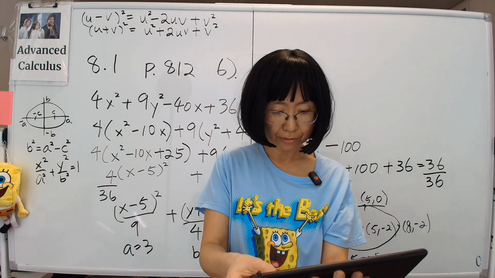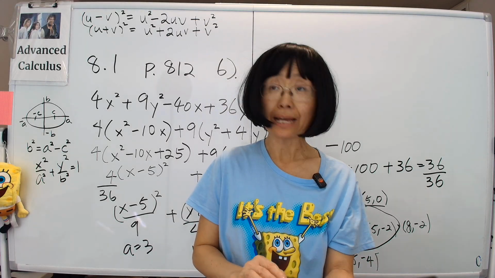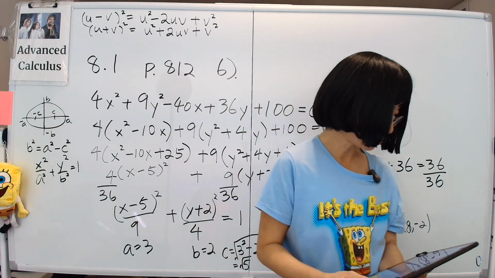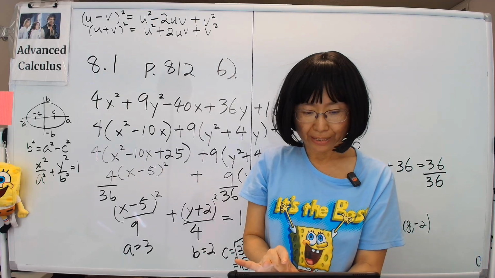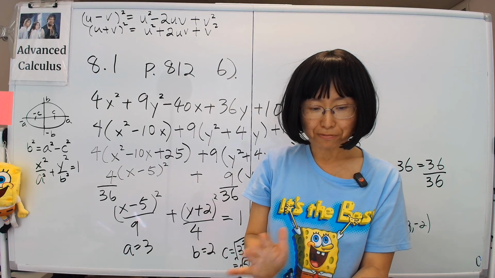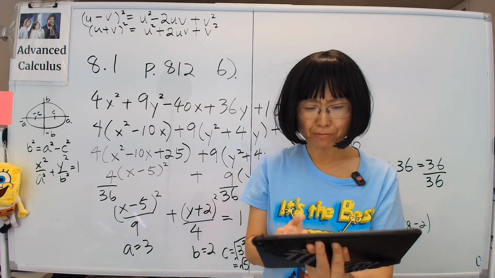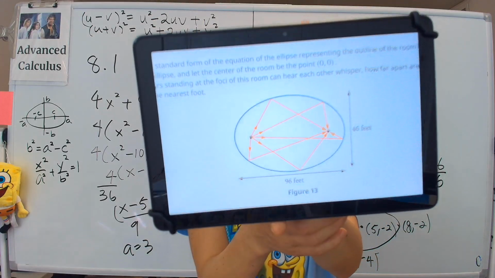All right. So the next example, which is on page 814, the following page. Example 7 on page 814 says that you have a whispering chamber. If you've ever been to one of these things, they are like an elliptical room built that way.